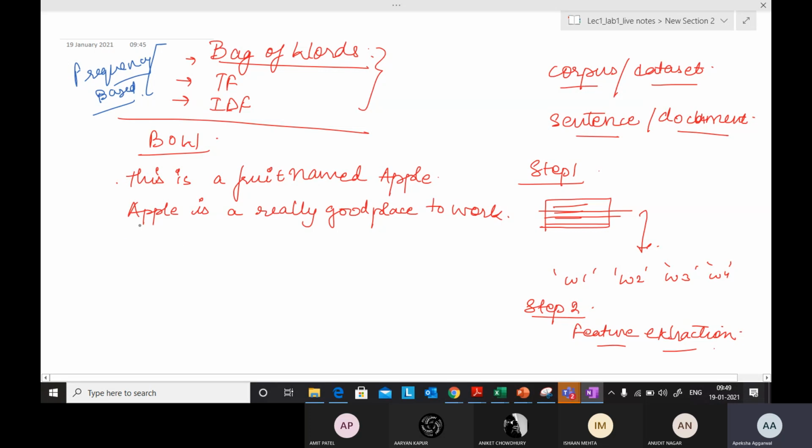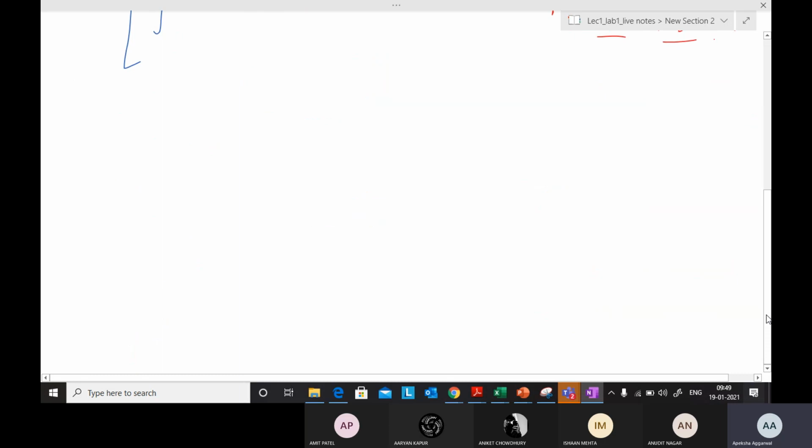We have discussed this in class, like we have a vocabulary, and in the vocabulary we have a set of words, including all these words.